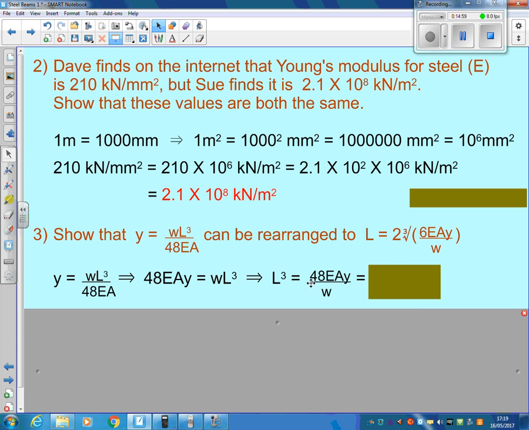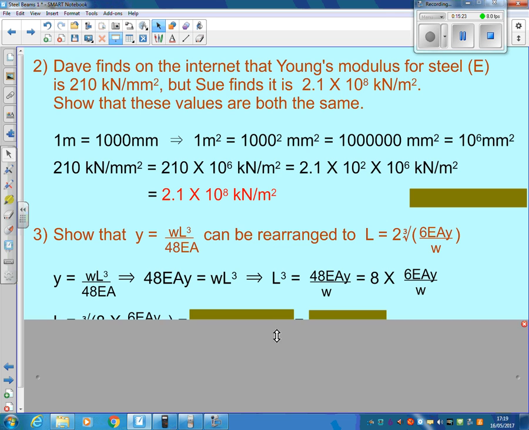So what we do is we notice 8 goes into 48. So I split this, and instead of 48, I say 48 is 8 sixes, so 8 times 6. All I've done is split that 48 into 8 times 6. The rest of it stays the same. Notice this looks like that, and the cube root of 8 is 2. So it's now going to work.